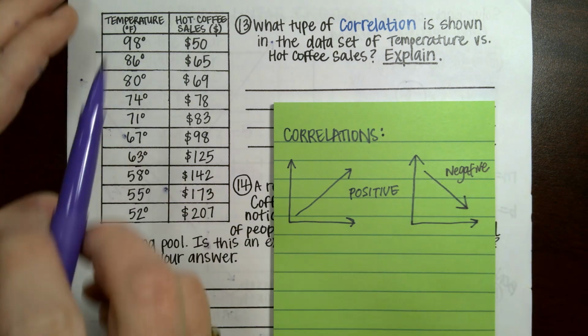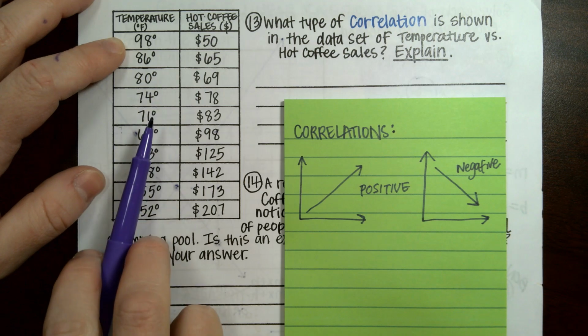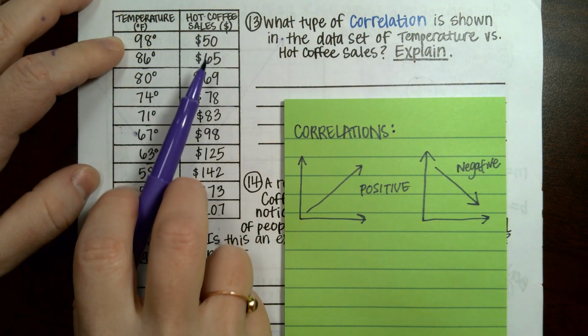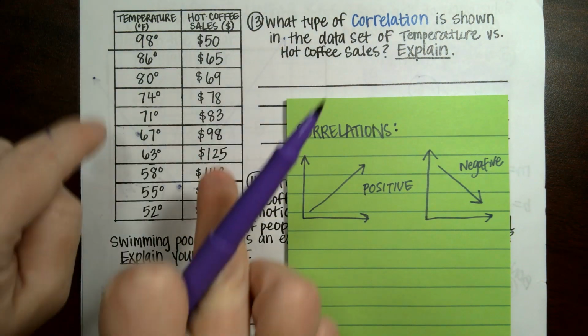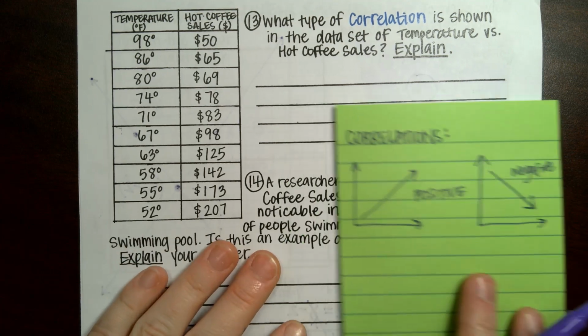And the exact opposite is true for a negative correlation. So we can see here, as the temperature gets lower, the coffee sales get higher. So whenever the variables move in opposite directions, that's a negative correlation. So good.